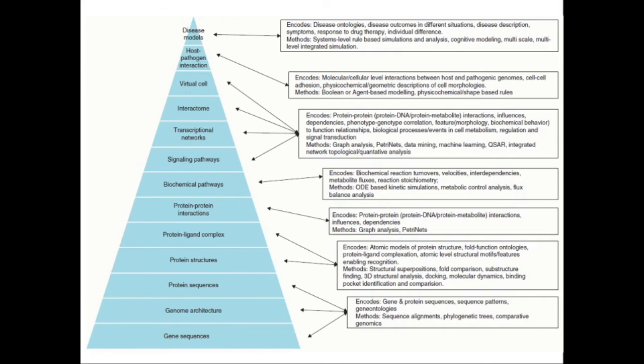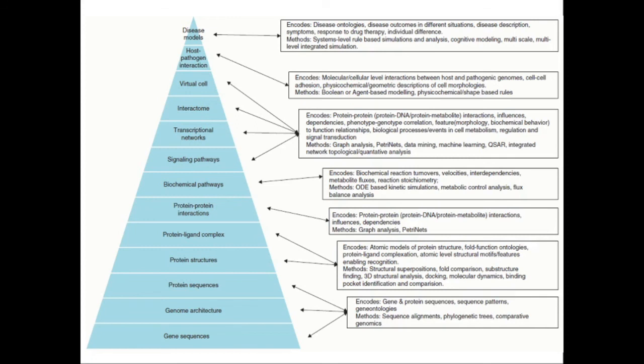We can then start to move more into the systems area by looking at protein-protein interactions, looking at graphs of the sort that I showed you, looking at networks, and then integrating also biochemical pathways so that we can look at metabolic flux, metabolic control, and so on.